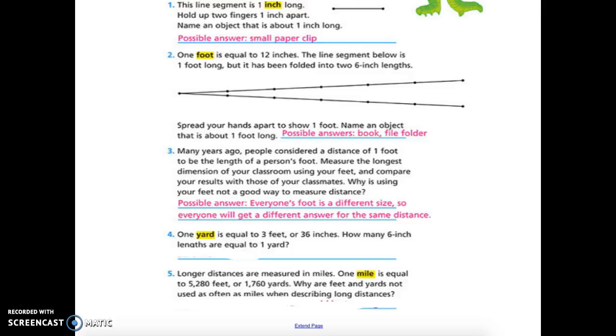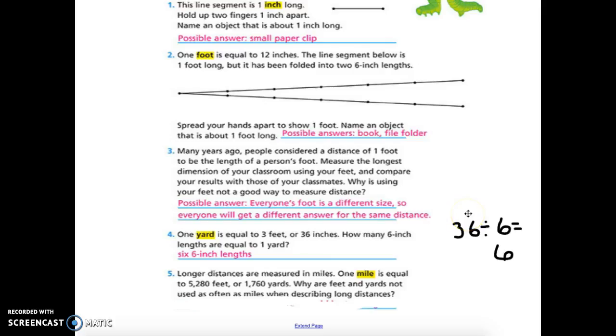If we know that there's 36 inches in a yard, and we want to know how many 6 inches fit in there, we're just going to do a division problem. Think 36 divided by 6, how many times does it go in? And the answer is it goes in 6 times. So it's 6 6-inch lengths.